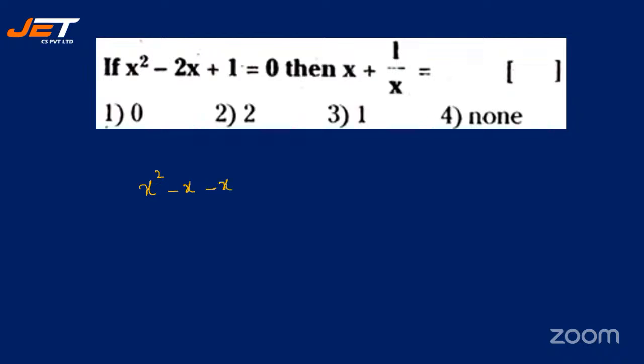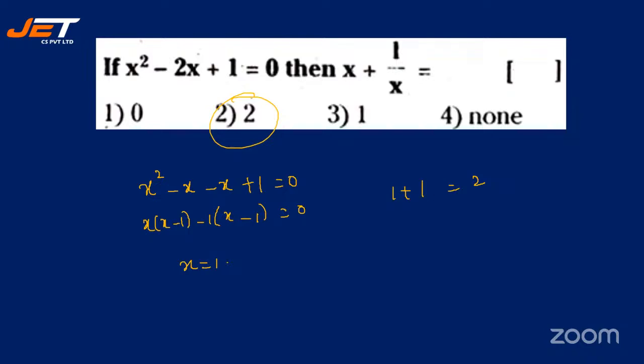So 1 into 1, 2. So minus 1, minus 2 plus 1 is equal to 0. If you take x into x minus 1, minus into plus minus, minus into minus plus, so we get x is equal to 1. So 1 plus 1 by 1 is 2. So your answer must be option 2.